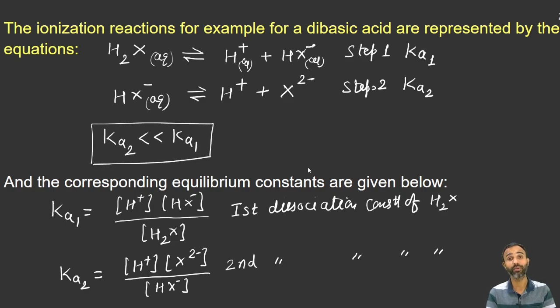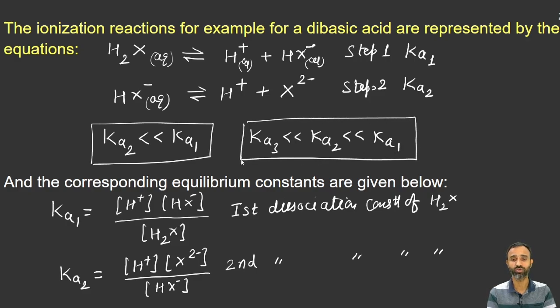Even if we have a Ka3, meaning we have a tribasic acid, then always Ka3 is less than Ka2. Irrespective of the acid, whatever acid we have, the first dissociation constant is always greater than the second, the second is always greater than the third, and so on.